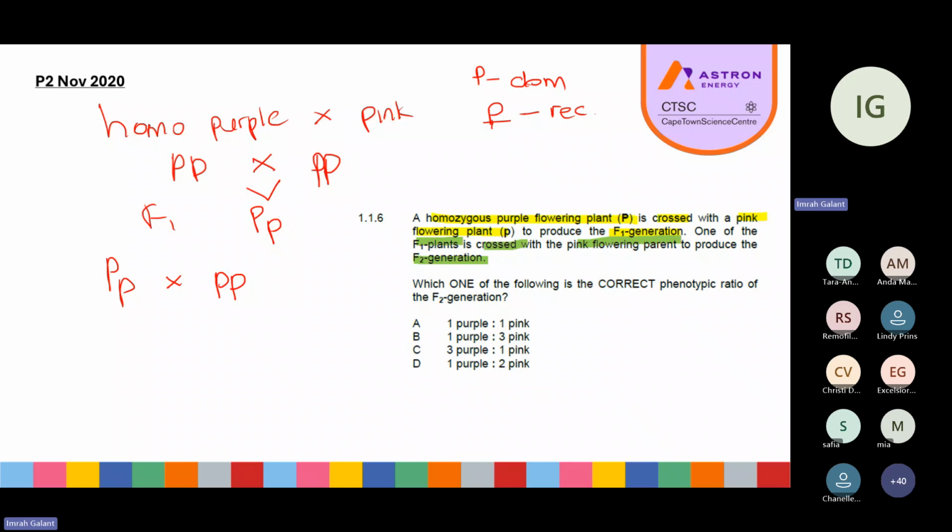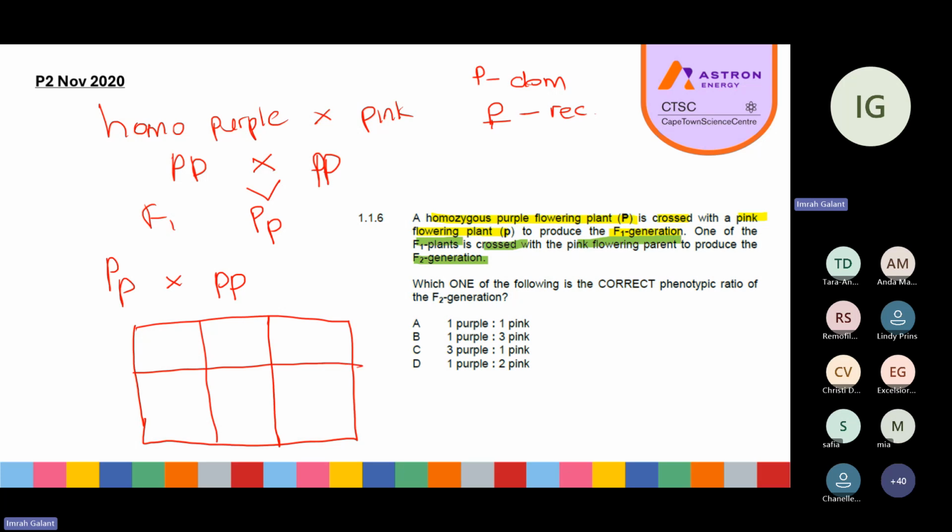To show you the cross and explain how we get the answer, I'm going to draw a Punnett square. I prefer Punnett squares instead of crosses because they are neater and you can see exactly what is happening.